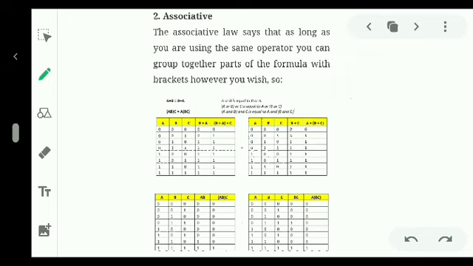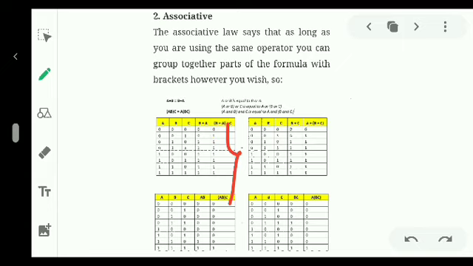Let me first check that one. If you add B plus C and then add A, or A plus B and then add C, we get the same result over here.